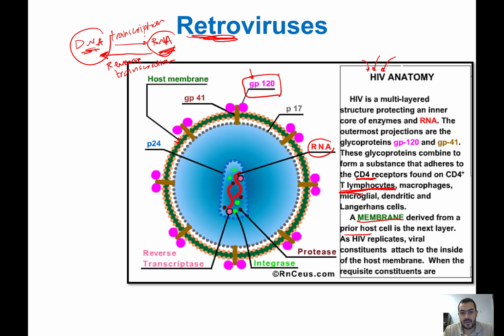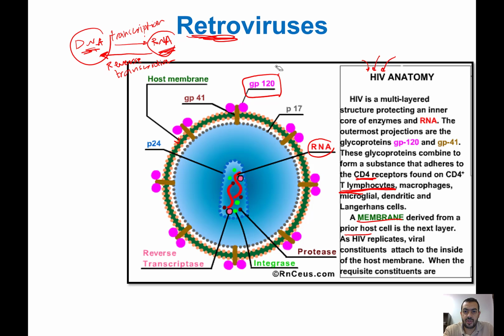By disabling these cells, the capacity of the immune system to fight disease will drop dramatically, and that's why usually AIDS will end up in most cases with the death of the individual, because without most of the capacity of the immune system to fight diseases, the person can get ill and die even from normal bacterial or fungal infections that a healthy individual can very easily survive and overcome.